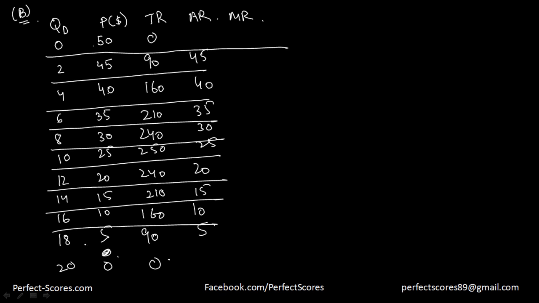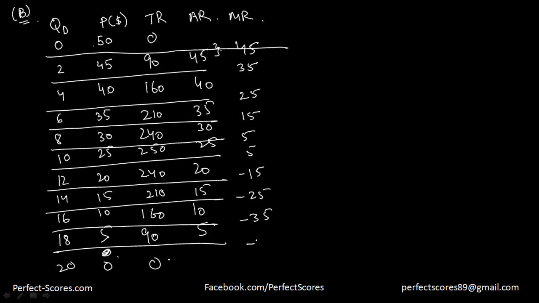Marginal revenue for here is going to be the change in total revenue, which is 90, divided by the change in quantity demanded, that is 2, which is 45. Over here is going to be 35. Over here 25. Over here 15. Over here 5, 5, negative 15, negative 25, negative 35, and negative 45.